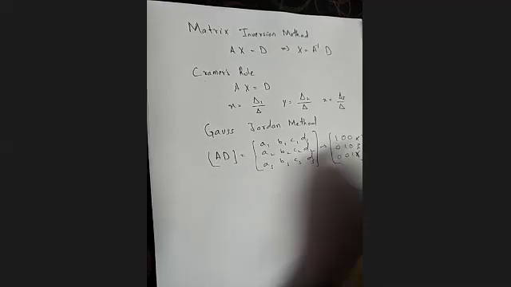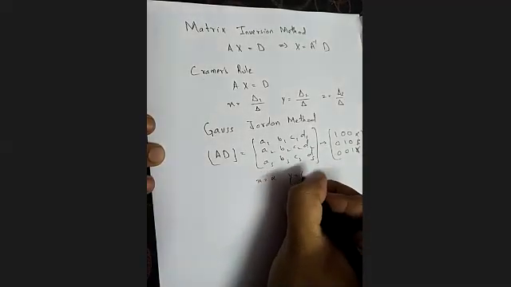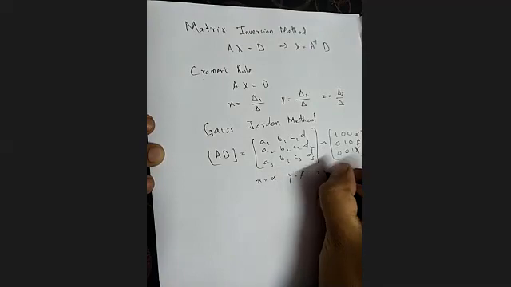Okay, there x is equal to alpha, y is equal to beta, and z is equal to gamma.